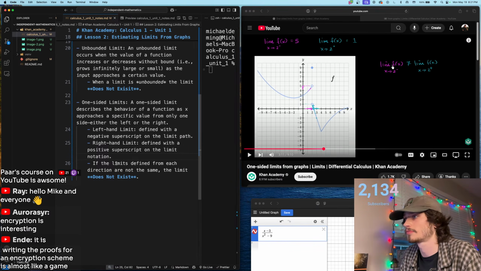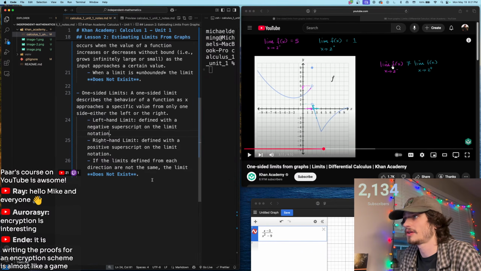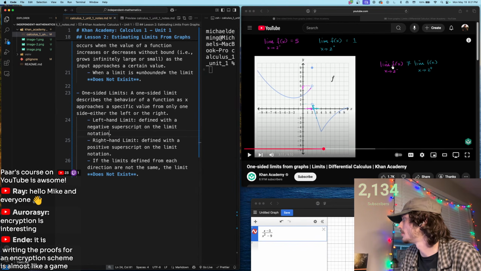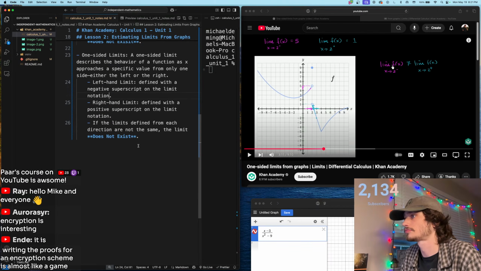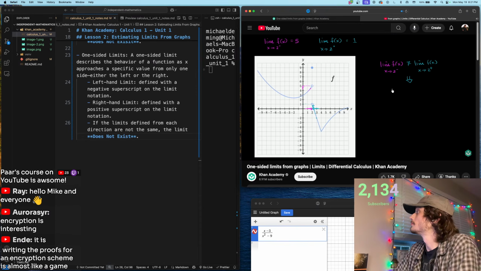Notation. If the limits are not equal, the limit does not exist. Since they're not equal, the limit does not exist.